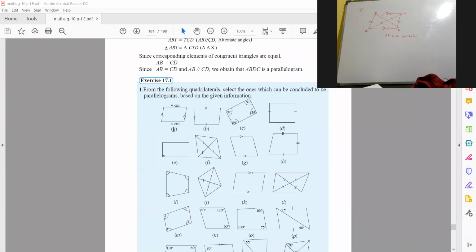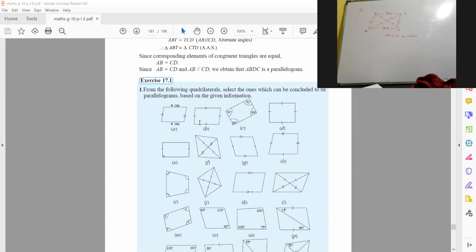Now it's going to be the first A, B, C. Here first A, right? In here, two sides are equal and two sides are parallel, right? But will this become a parallelogram? No, because this doesn't satisfy any theorem, right?